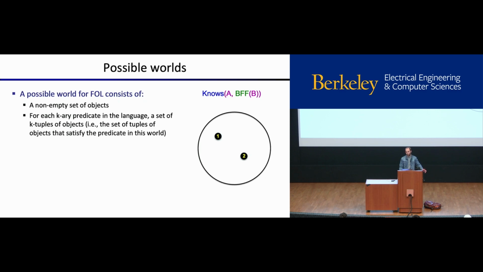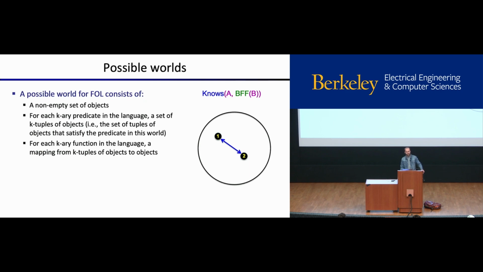So if we get 2 followed by 1, then this predicate's going to be true. If we get 1 followed by 2, then this predicate's going to be true as well. This is just one possible world. You could write a possible world where no ordered pair of objects makes the knows predicate return true. It's another possibility.